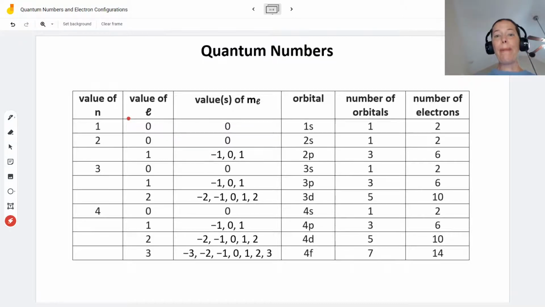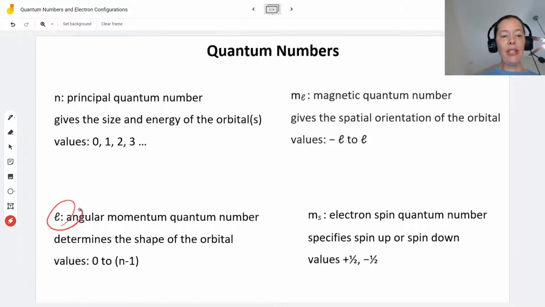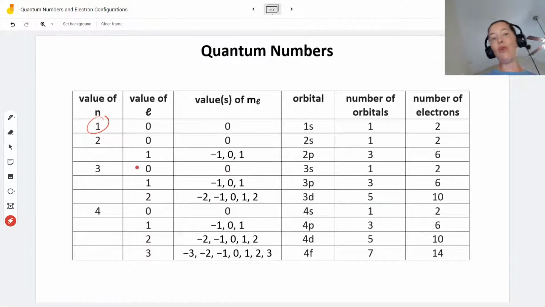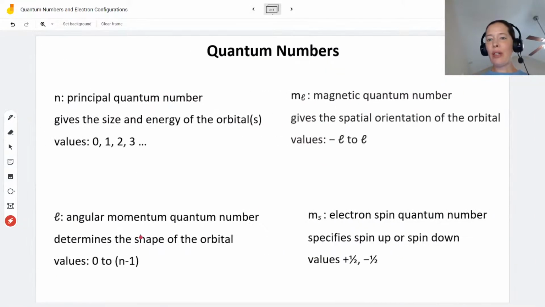Okay, so remember, when you're calculating, L goes from 0 to n minus 1. Well, when n equals 1, n minus 1 is 0. So there's only one value for L, and that value is 0. So once we know L, we can determine m sub L. Again, I'm going to go back and show this.